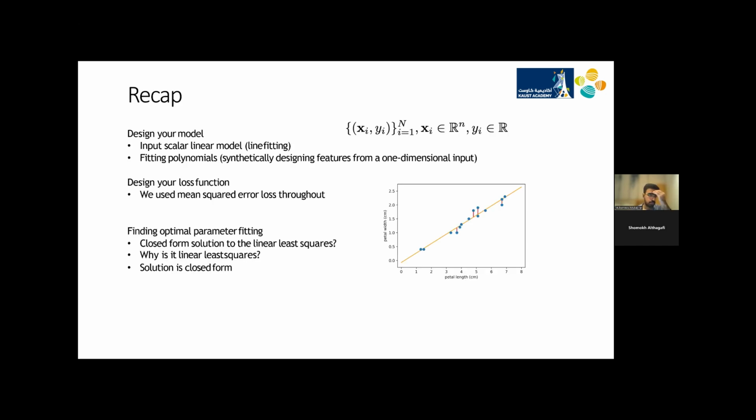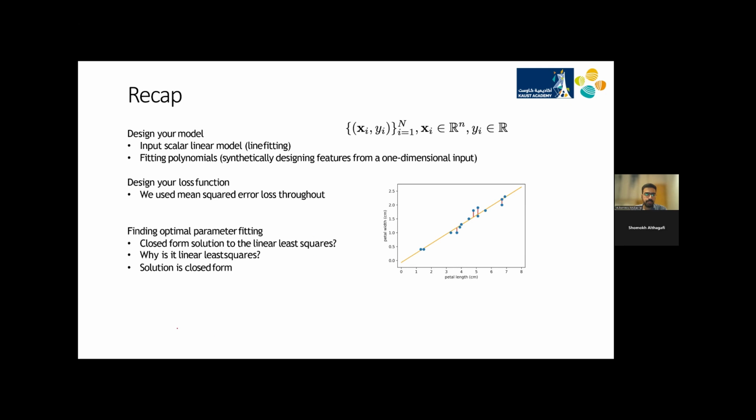Just as a recap for yesterday, what you studied yesterday was something called linear regression. What we are actually trying to do in linear regression is find a line which best fits some data samples.